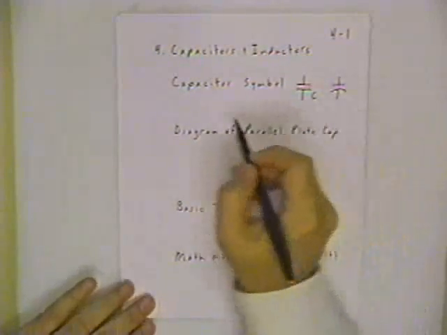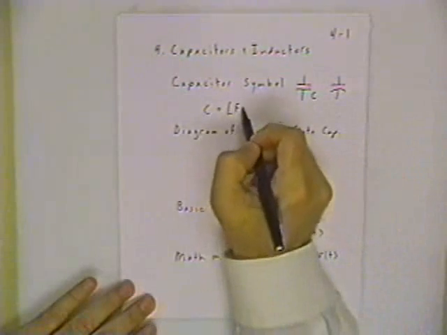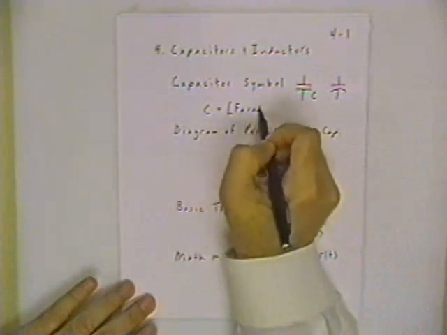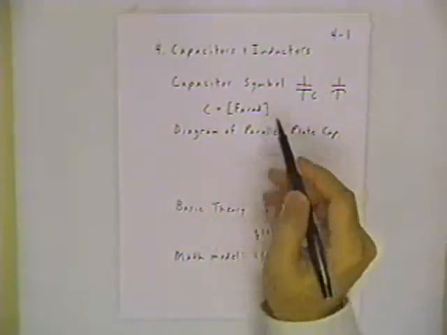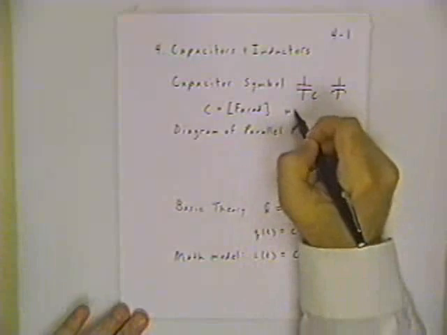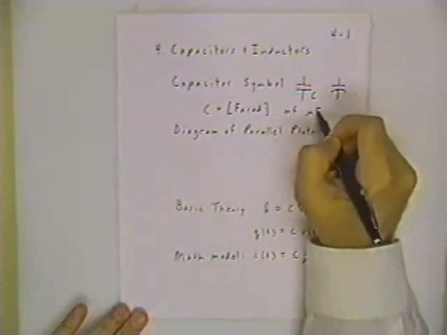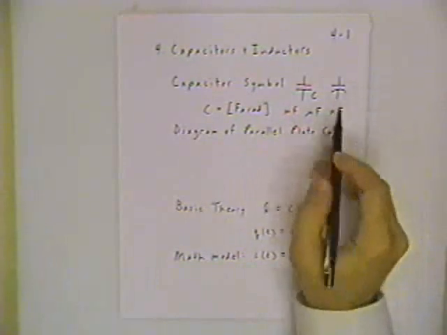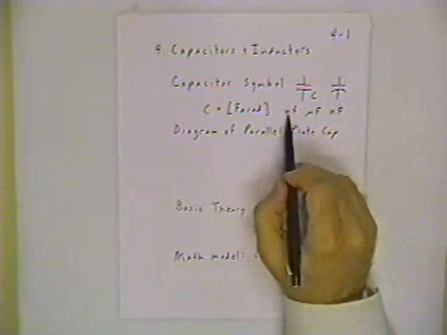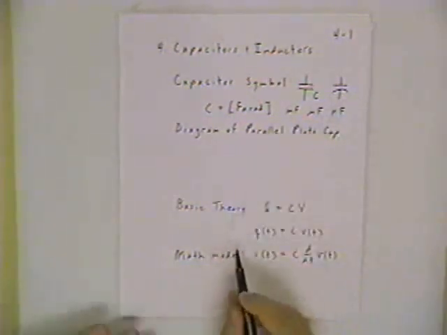Capacitors are labeled with C. Capacitance is measured in units of farads, or just capital F. And some of the common multipliers for capacitors are millifarads with an M, microfarad with a mu, a nanofarad 10 to the minus 9, micro is 10 to the minus 6, and milli is 10 to the minus 3. These are some of the more common multipliers you'll find.